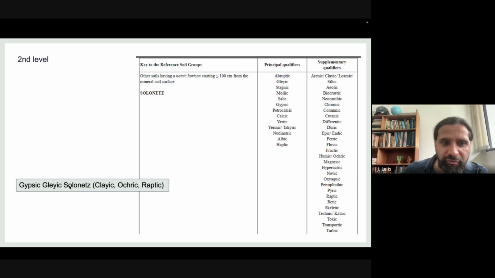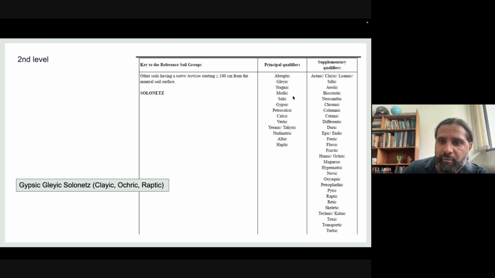So let's say, for example, that I could add a new qualifier in this example, like the albic, the last one before haplic. The albic horizon should start here in the beginning of the sentence. So in this case, I should call albic, gypsic, glevic, solonetz.